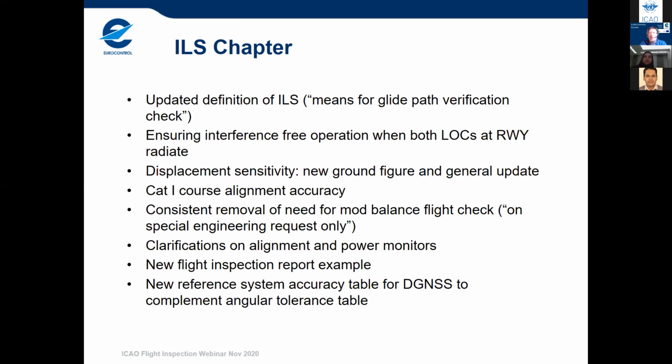And then another big discussion in the ILS chapter was really the reference system accuracy requirements for differential GNSS. So far, the requirements were specified on an angular basis in line with the way the ILS requirements were specified. Many expressed the need to have some guidance of what that means for their flight inspection reference system.